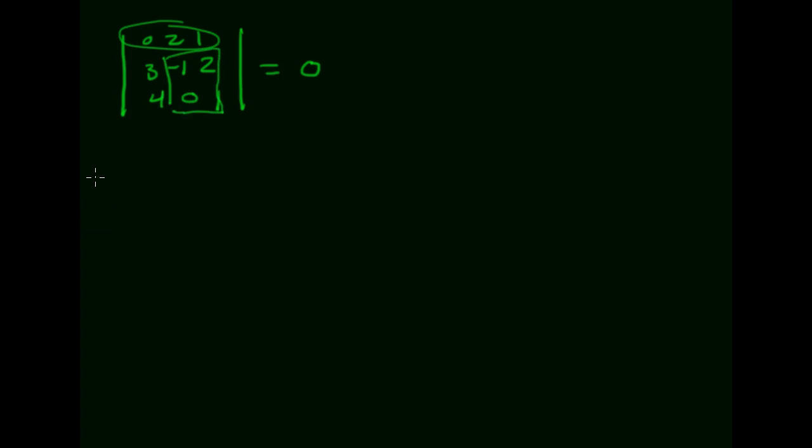Oh, sorry, I need a cofactor. So wait, this is 1, 1. So this is going to be -1 to the 1 plus 1, which is squared. Now times the determinant of the minor here, -1, 2, 0, 1, because I've taken out the first row and the first column to go with 1, 1.